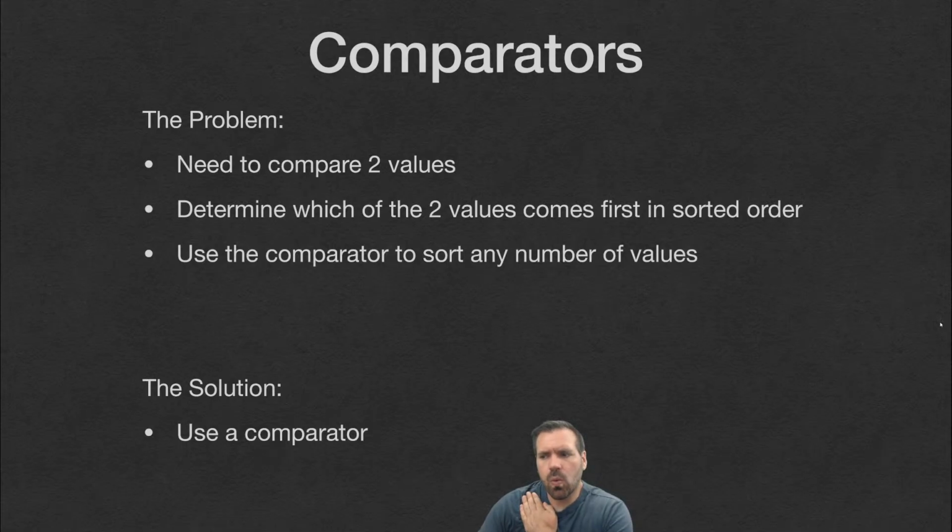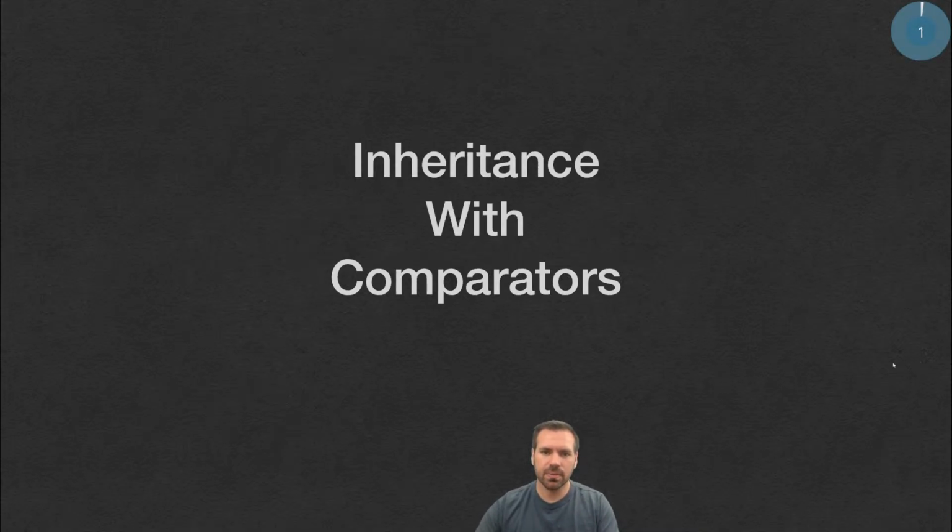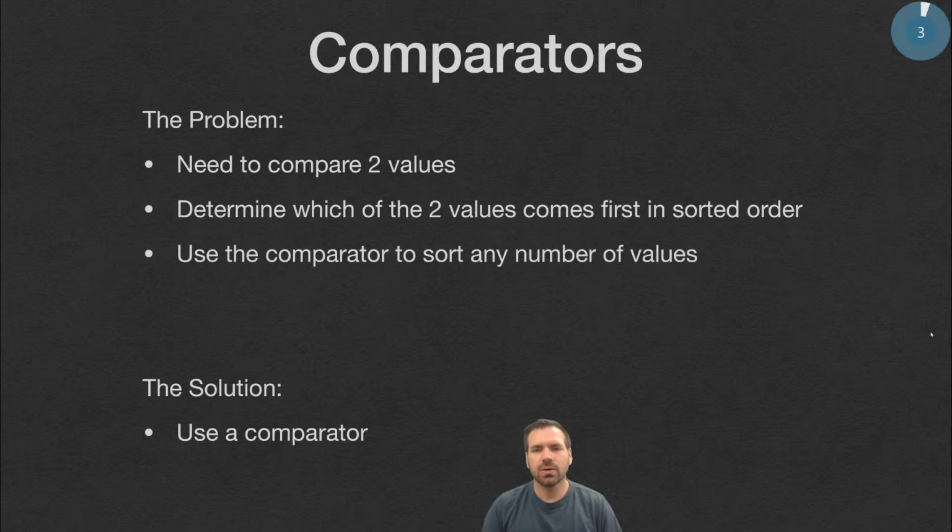So what I want is to be able to sort data structures. That's our ultimate goal today. To do that, we're going to use comparators. Comparators are going to allow us to compare exactly two values of the same type. And polymorphism can apply here.